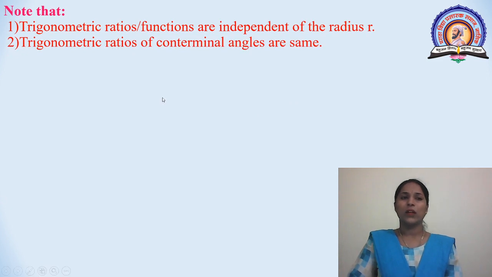Note first, trigonometric ratios and functions are independent of radius r. That is, they do not depend on the radius. Second, trigonometric ratios of coterminal angles are the same.